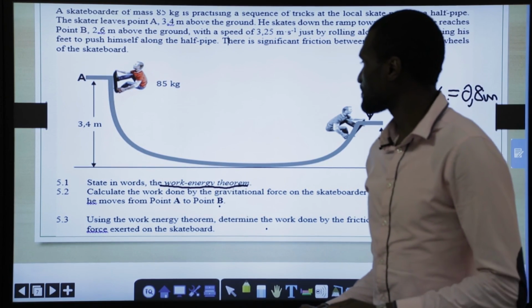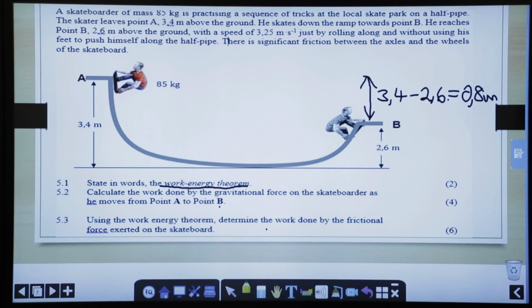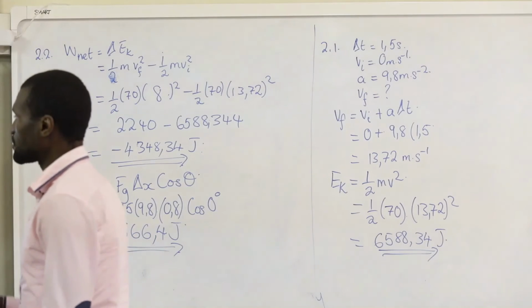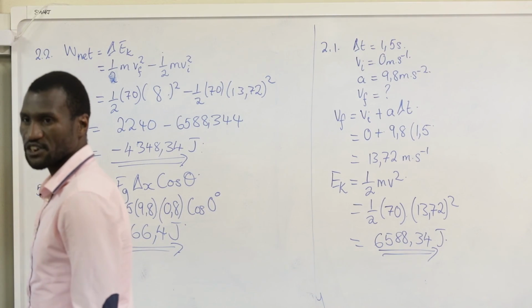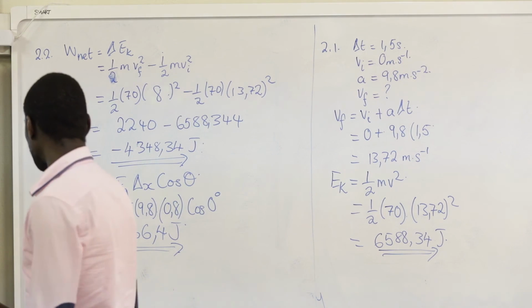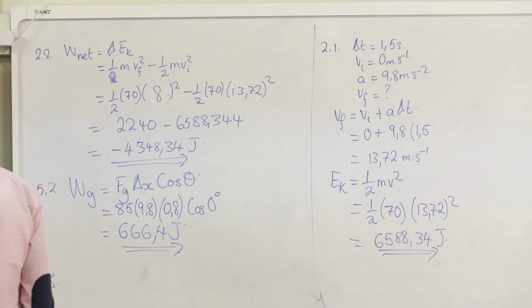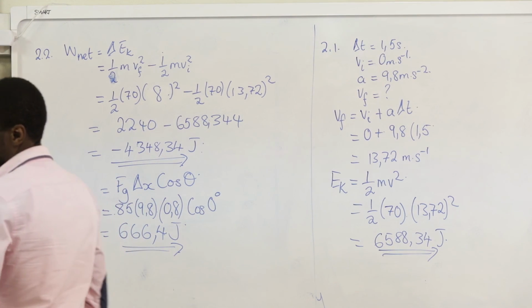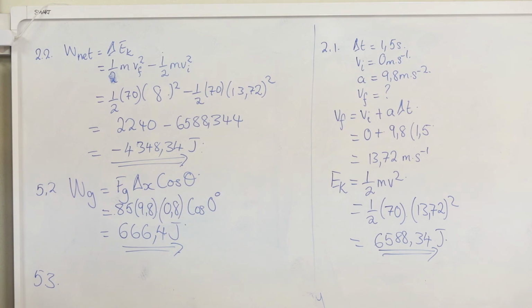Now, the only force that is opposing the movement of this individual is the frictional force. So according to the work energy theorem, it states that the W net is equal to the change in kinetic energy.